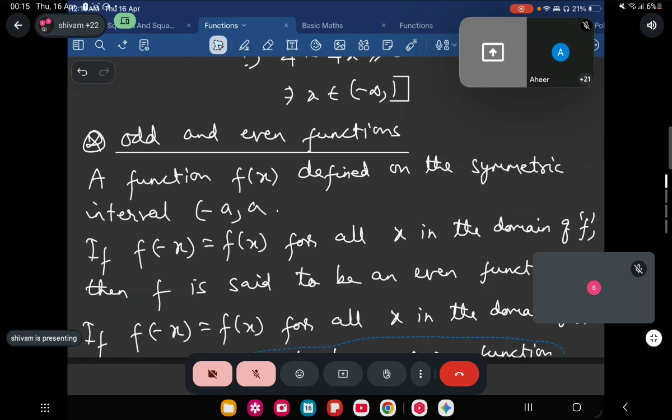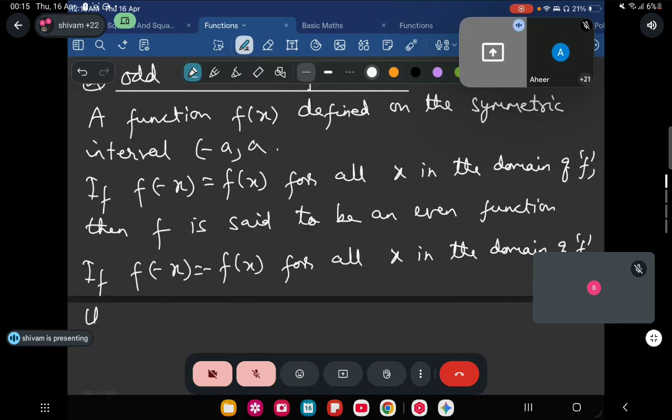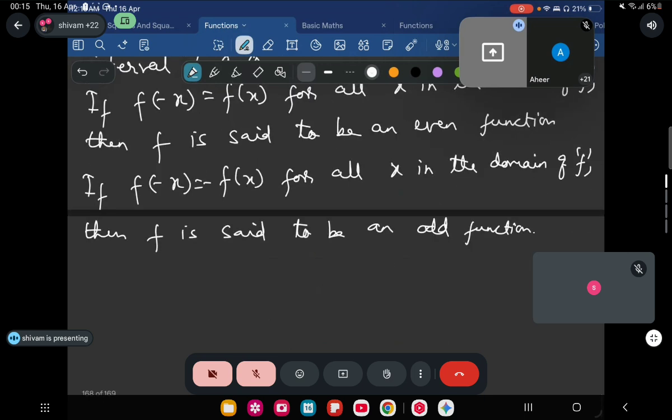If f of minus x is equal to minus of f of x for all x in the domain of f, then f is said to be an odd function. Okay, very simple. Odd and even functions, very important and simple only.